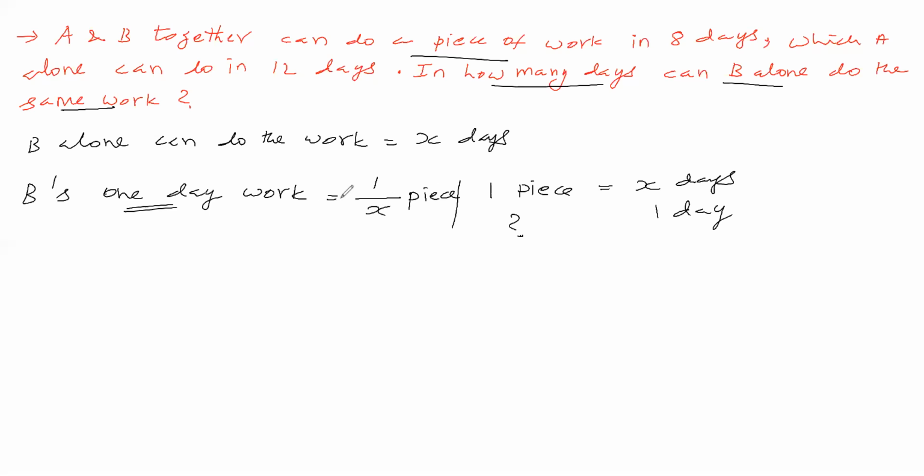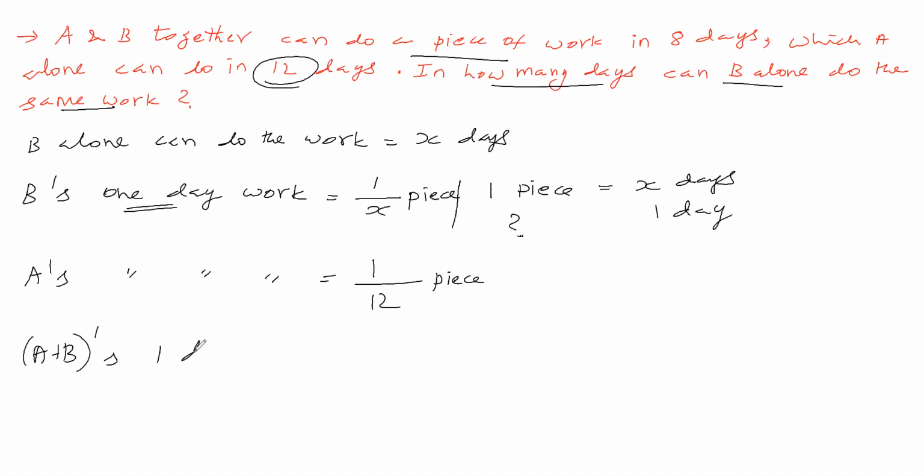Okay. Now, A's 1 day work. One piece of work takes 12 days. Therefore, in 1 day, 1 by 12 piece will be done. Now, A and B together take how much time? A plus B's 1 day work.